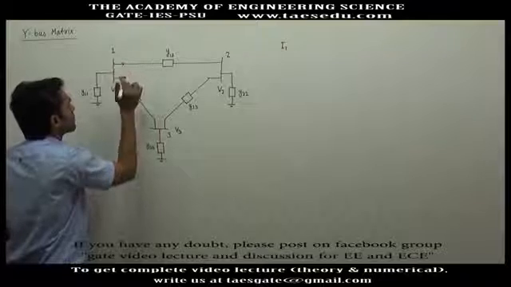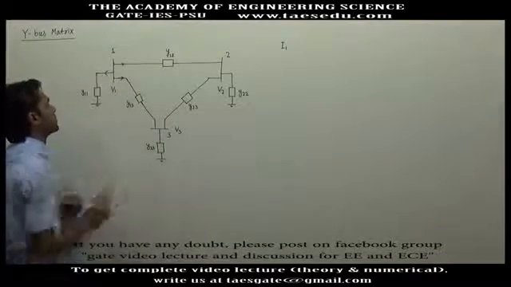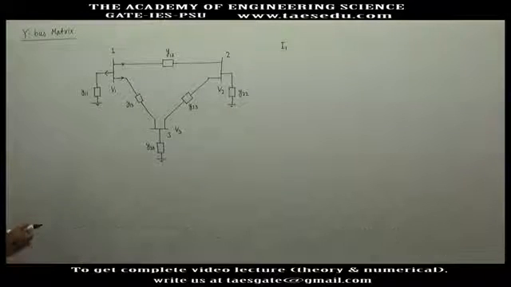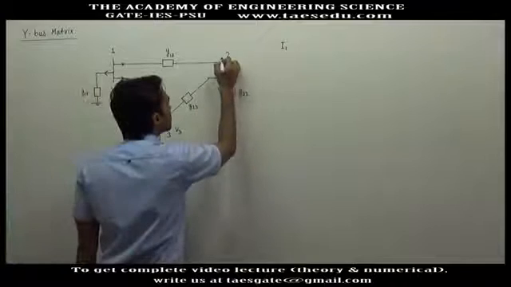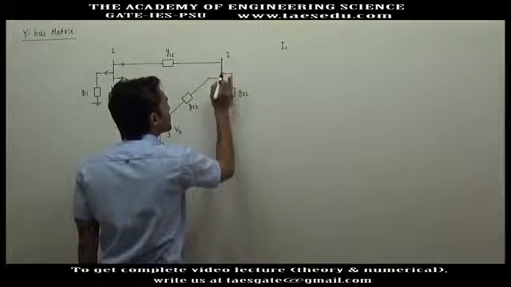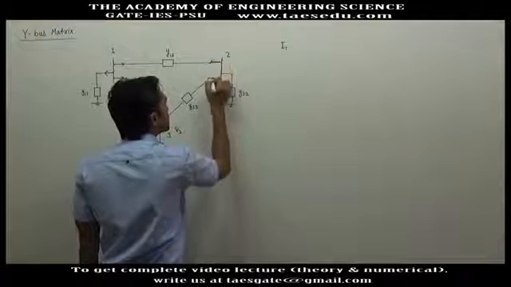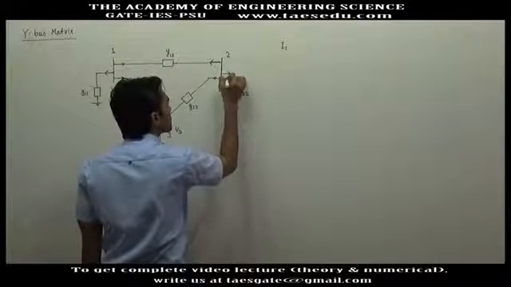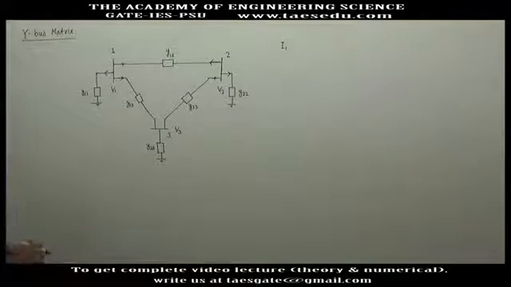This is going away from the bus, this is also going away from the bus, and this is going away from the bus. So I1 will be the summation of these three currents. Similarly, here also we take a reference indicating the current flows out of the bus. This current plus this current plus this current will be I2, and similarly I3.